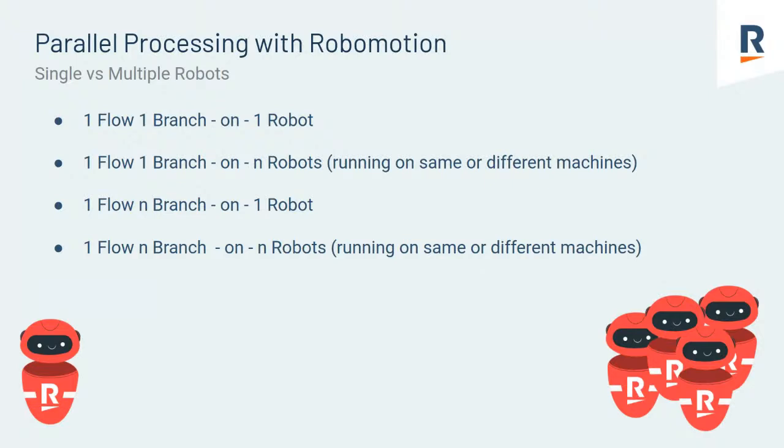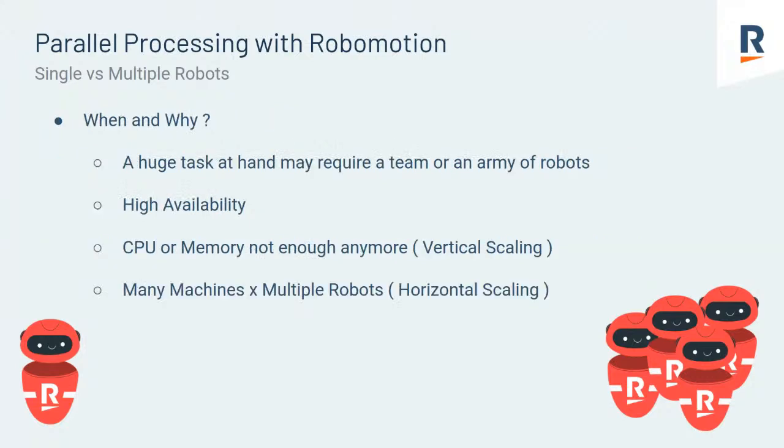We are experimenting all the time, but there are cases where you need that, and there are cases where you don't. Let's see when to use multiple robots or just use a single robot. For example, if you have a huge task at hand, we have an example in the next slides. I give this example a lot.